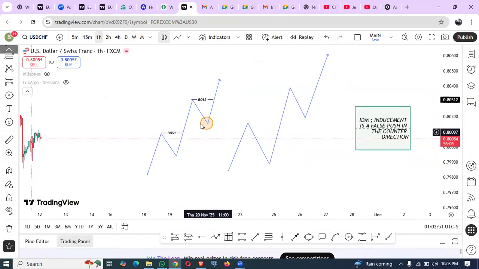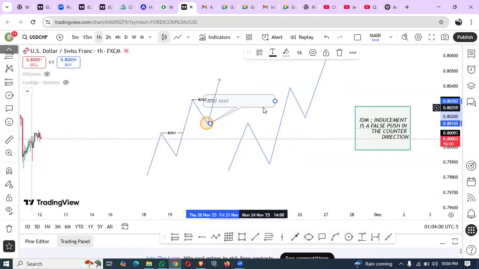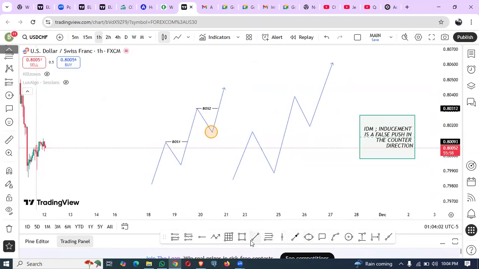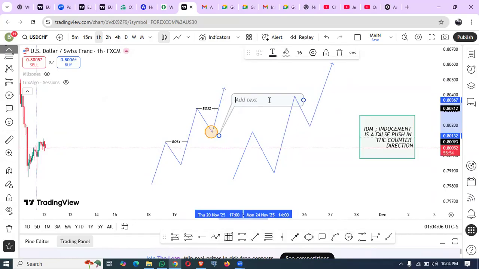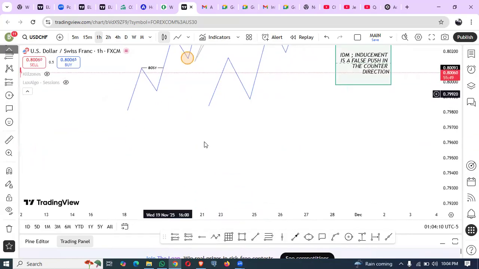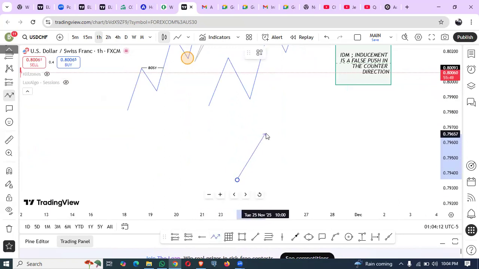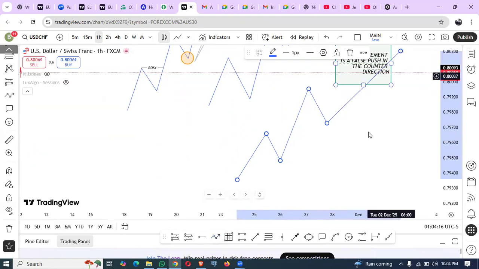So the origin of that second impulsive push is what is called your inducement, IDM. That's it. The origin of the second impulsive push, that's your IDM, short form for inducement. So you need impulse, correction, impulse, correction, impulse.